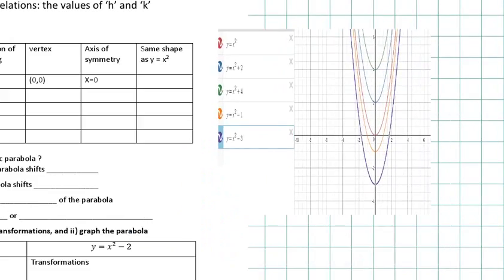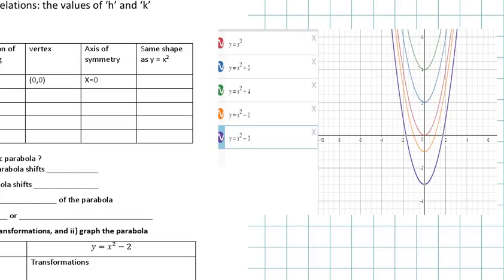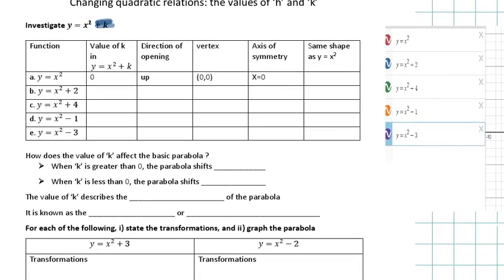Okay, so let's write this down. The value of k is 2. Direction of opening, up. Vertex, (0, 2). Axis of symmetry, 0. If you want to compare it to the shape of y equals x squared, what do you say?